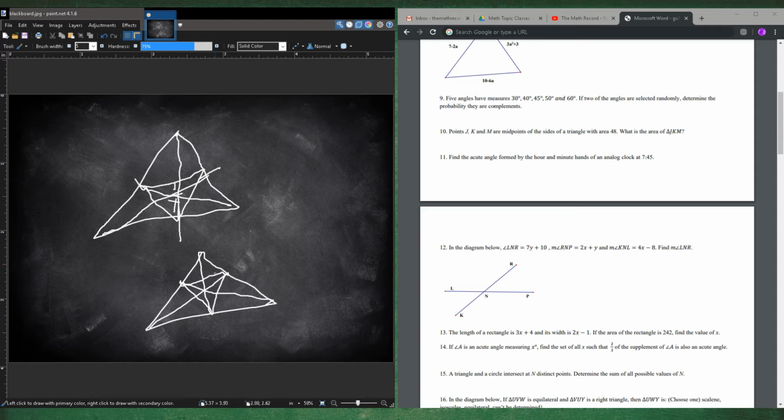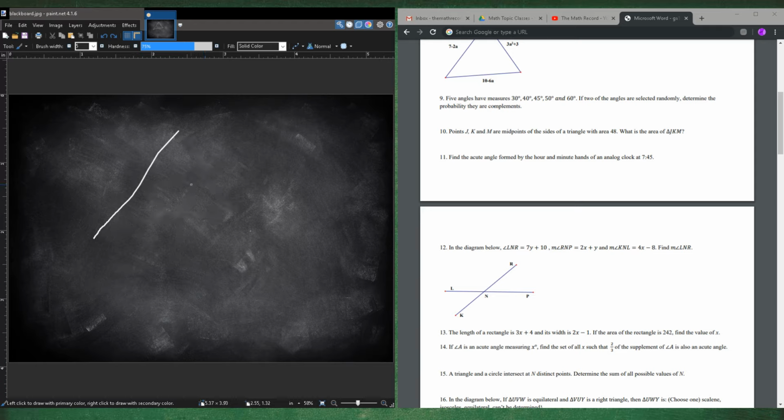You could also just think logically, because it's logically true. Since the area is 1/4 of the entire area, you just have 48 times 1/4, which is equal to 12. So the answer would be 12.